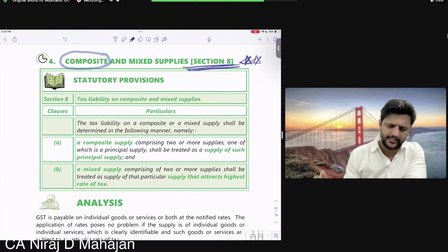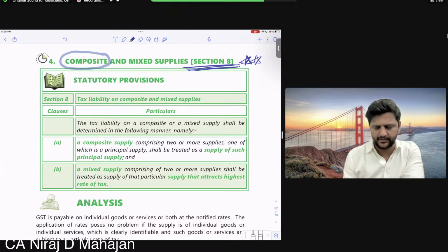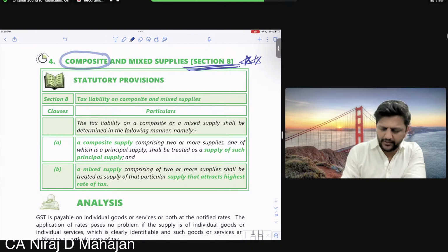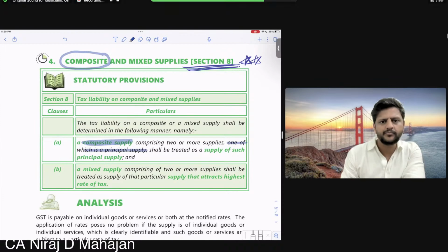Okay, so check section 8, taxability on composite and mixed supplies. The taxability on a composite or a mixed supply should be determined in the following manner. If it is a composite supply, comprising of two or more supplies, one of which is the most important supply, the principal supply, it shall be treated as supply of such principal supply.